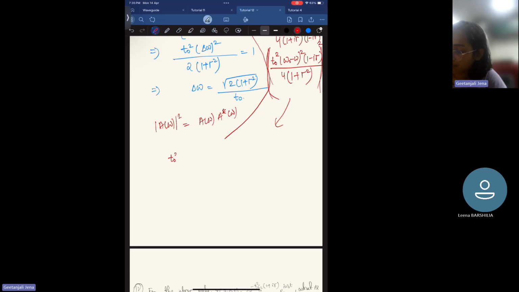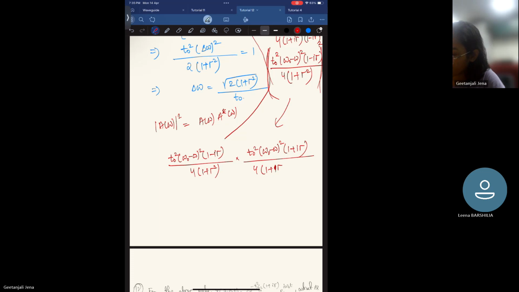So we have this part, and the complex conjugate of this will be T0 square (omega 0 minus omega) square. Sorry, this part will cancel, right?